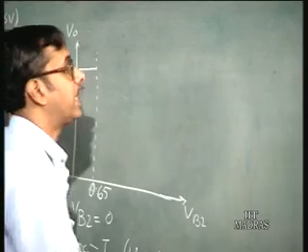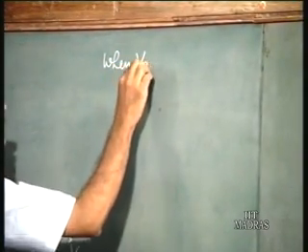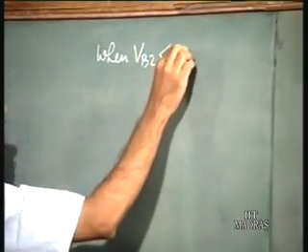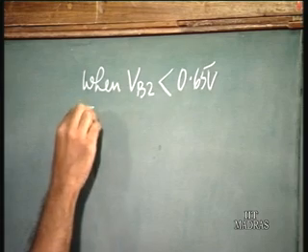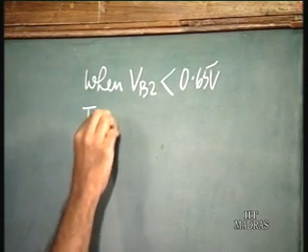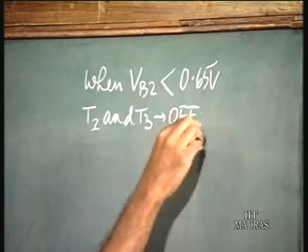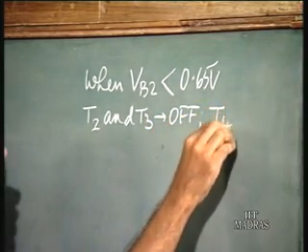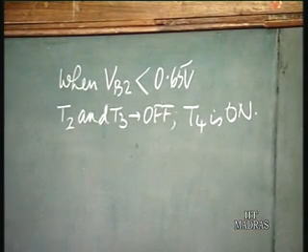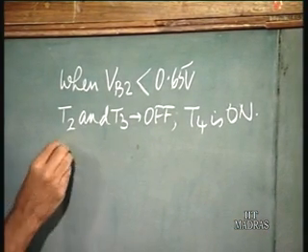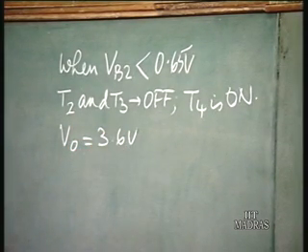I'll just write it here: when VB2 is less than 0.65 volts, T2 and T3 are off, and T4 is on, and that is why you get V output equal to 3.6 volts.